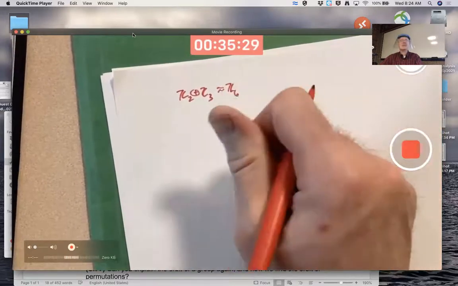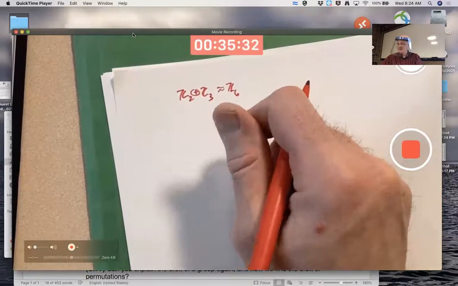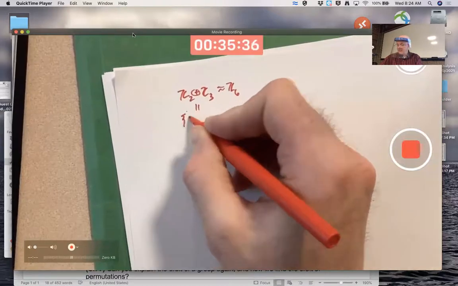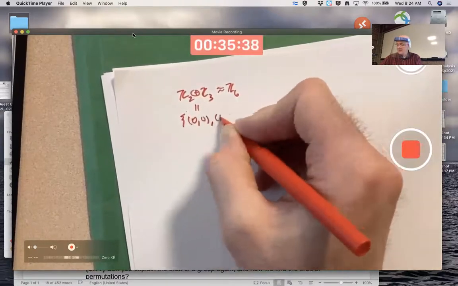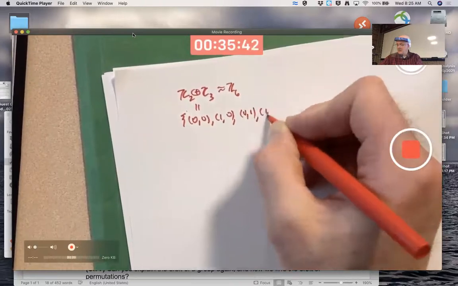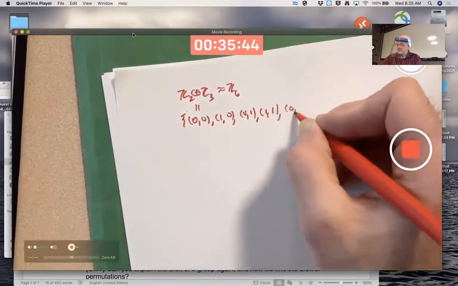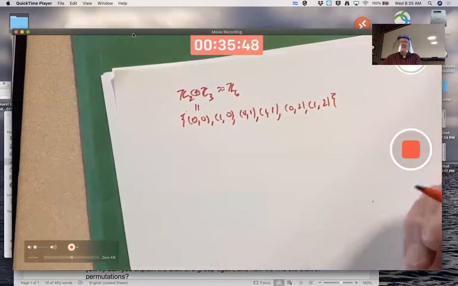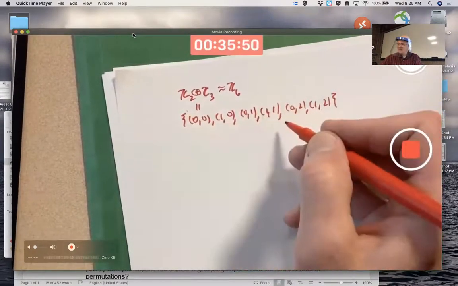And it's small enough that that's not too hard. You can even quickly list out the elements. The ordered pair (0,0), then (1,0), then (0,1), then (1,1), then (0,2), and (1,2) are your 6 elements in this external direct product here.